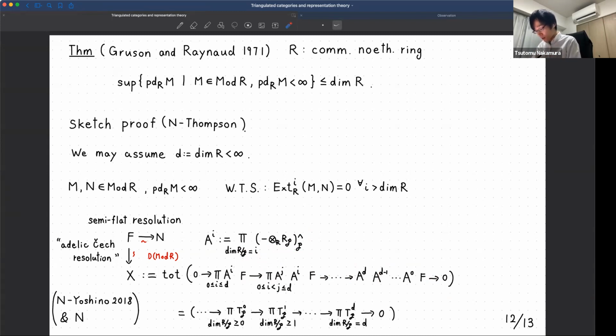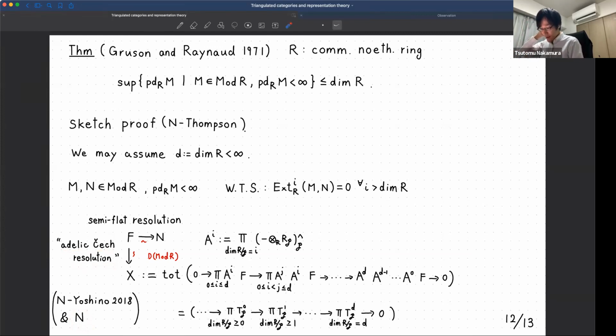And thanks to this construction, we get a canonical functorial chain map from F to X. And there is a specific reason why I want to call this type of resolution the adelic Čech resolution. I'm preparing some paper about it, but today I'd like to avoid its detail.